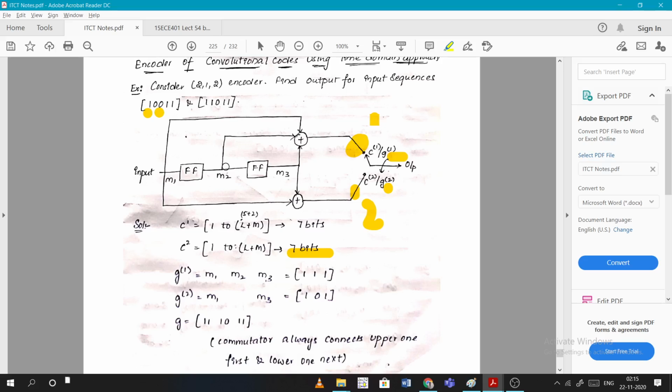The commutator will take M1 plus M2 plus M3. These are the three values present over here, right? So we wrote 1 1 1. When it comes to the second, that is G2, this is the second modulo-2 adder, only M3 and M1 are connected. M2 is not connected, so 0, M3 is connected, 1. So 1 0 1 we wrote.